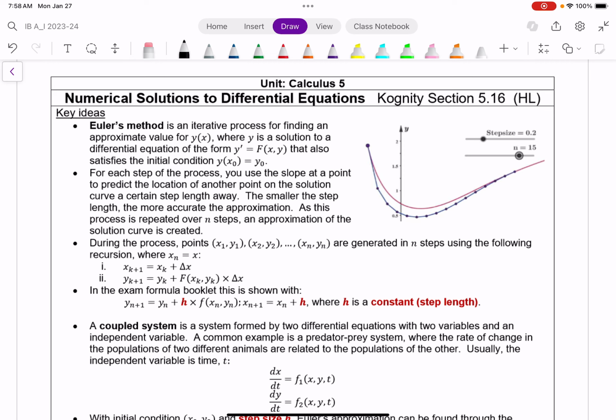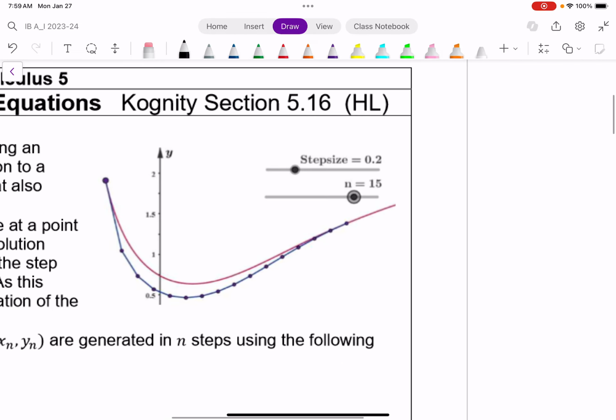And so the idea, a visual understanding of Euler's method, is if this is the actual true particular solution of a differential equation, we can approximate it if we know some point on the solution. We approximate it with little linear segments of some step size, in which each time we create a new linear segment by finding out the slope of the differential equation at that point.